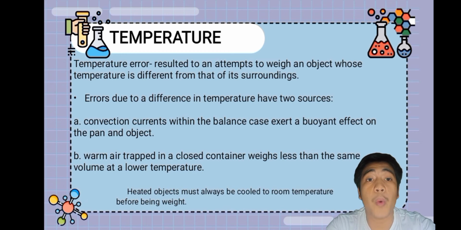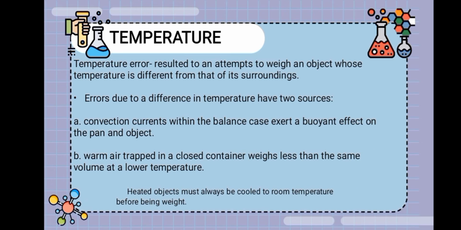Next is that warm air trapped in a closed container weighs less than the same volume at a lower temperature. It is because according to the gas law, if a gas expands when heated, then a given weight of hot air occupies a larger volume than the same weight of cold air.